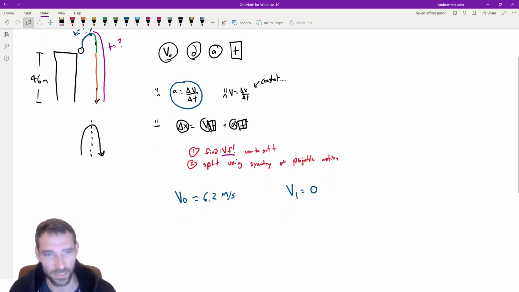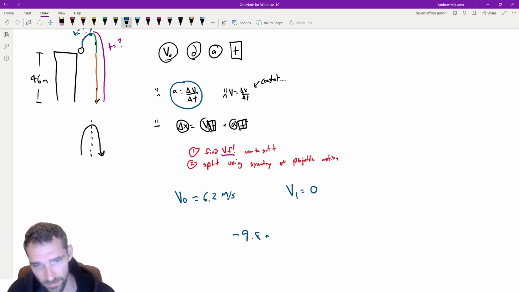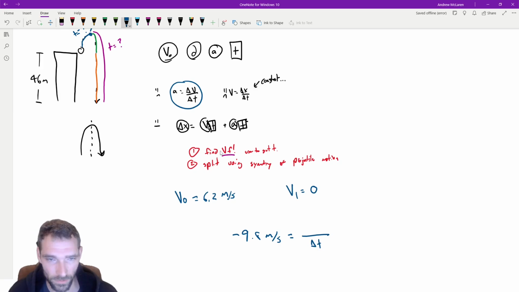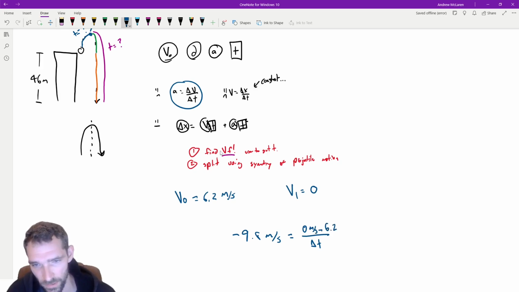But for this first section, we can use an acceleration of negative 9.8 meters per second squared, which is equal to some sort of change in v over change in t, v final minus v initial. So we've got 0 meters per second minus our 6.2 meters per second. And we can see that we have everything that we need besides that change in t.